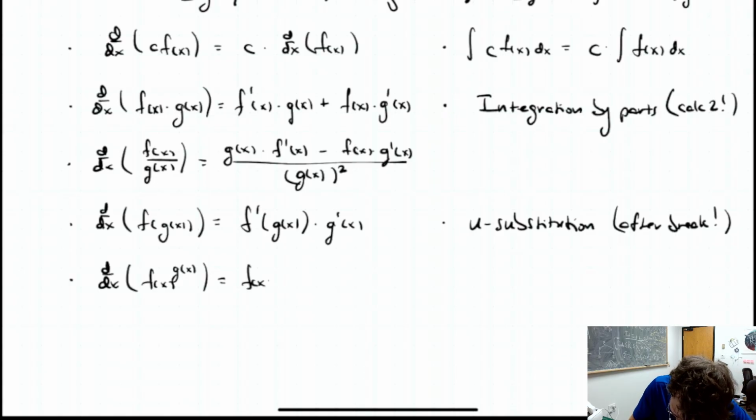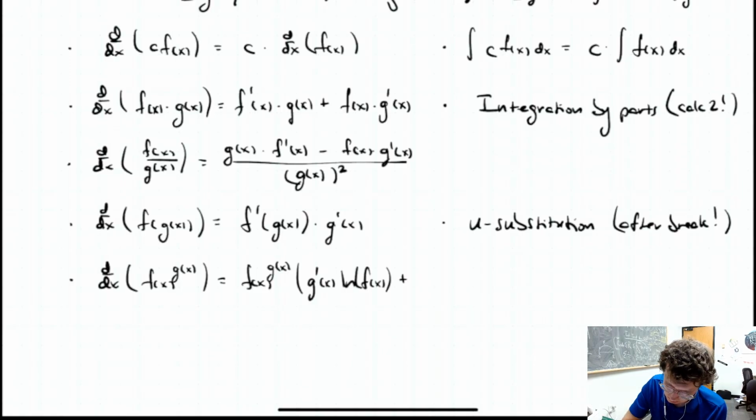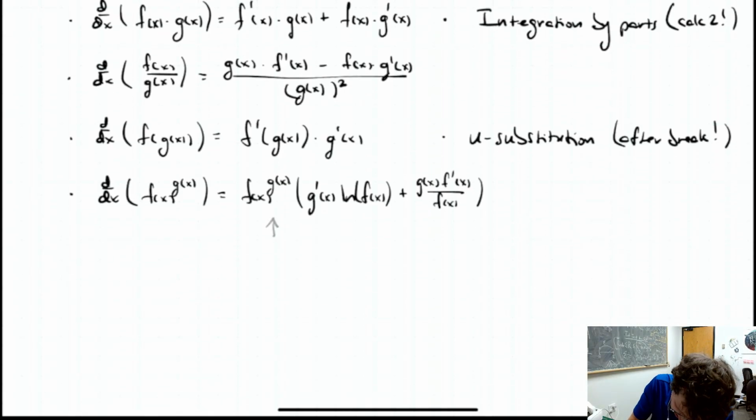When you differentiate f of x raised to the g of x, you get that same thing back times g prime of x ln of f of x plus g of x f prime of x over f of x. Do not memorize this.